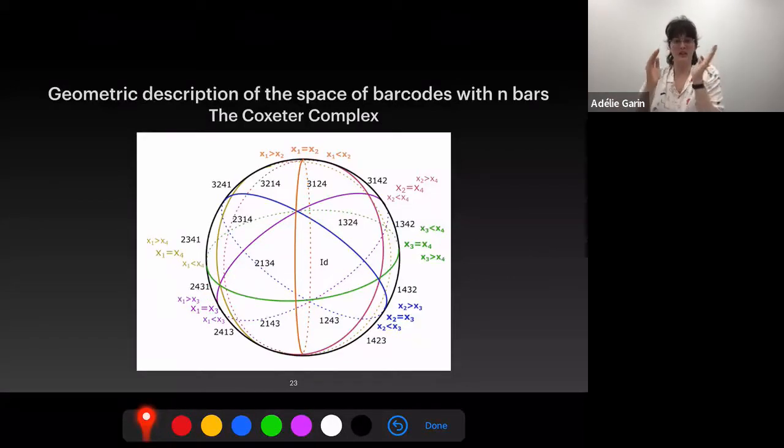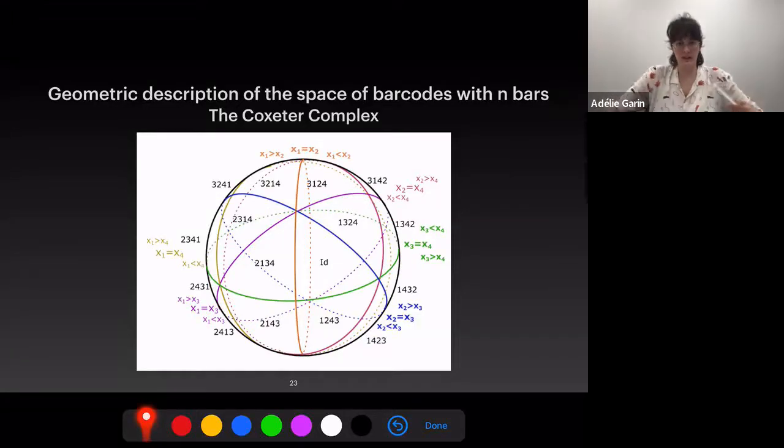If you really coordinatize this sphere in R3, it will correspond to switching the two coordinates x1 and x3. I hope that makes sense. I will give you an example in 3D on the next slide.